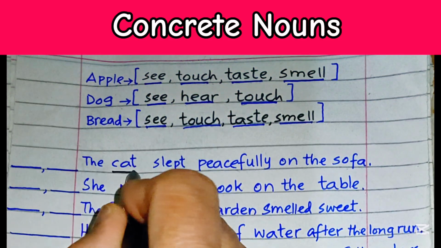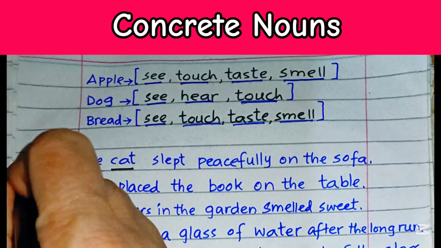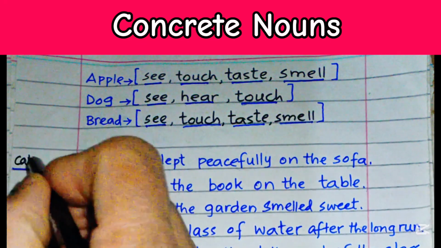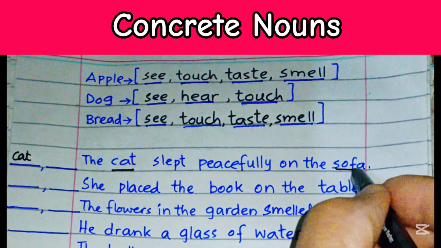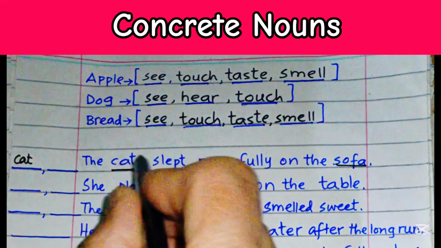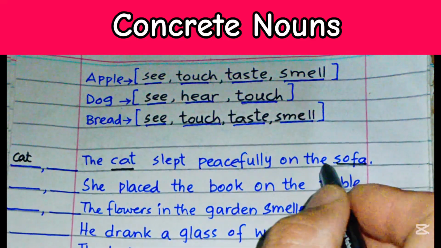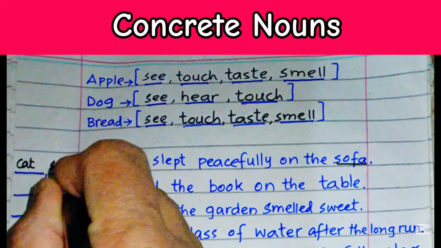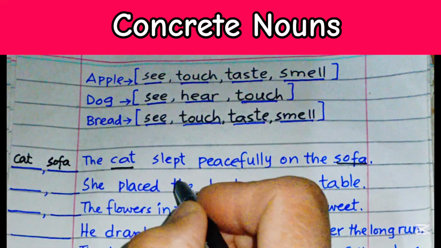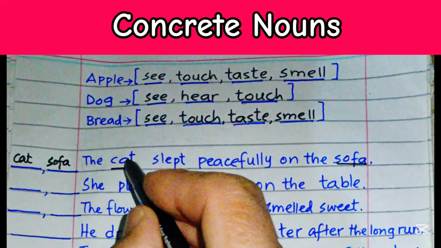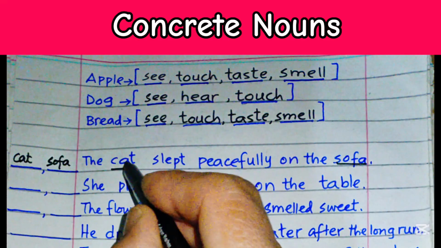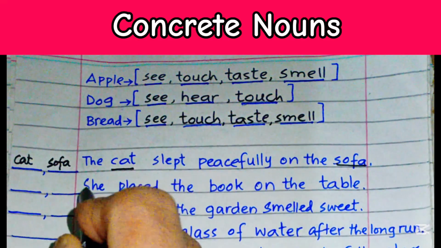So over here, the cat is a concrete noun. Similarly, we have another one, sofa, because five physical senses can be used to identify cat and sofa.